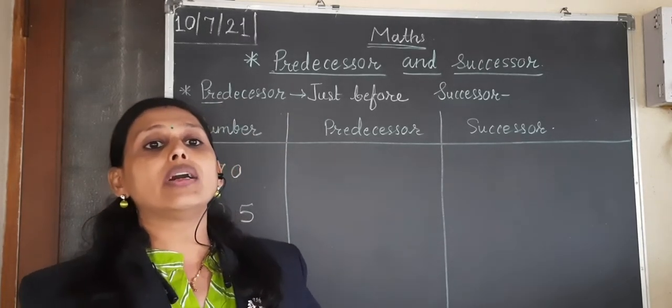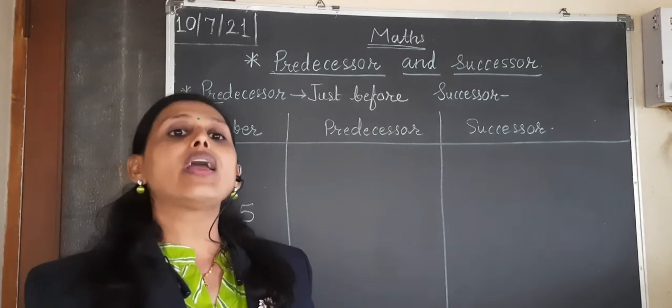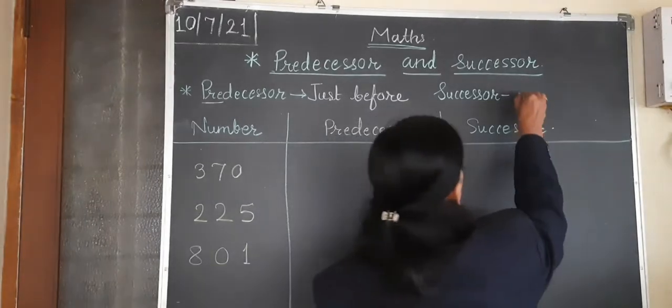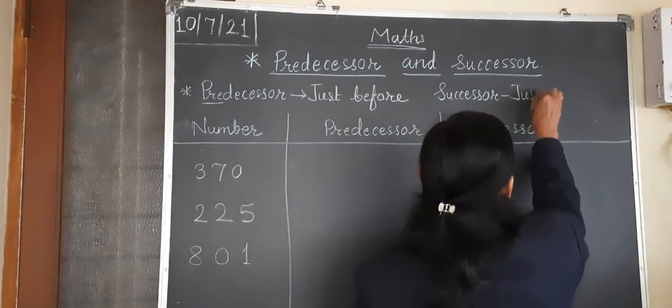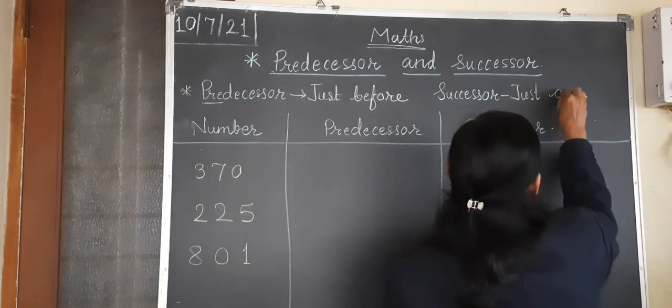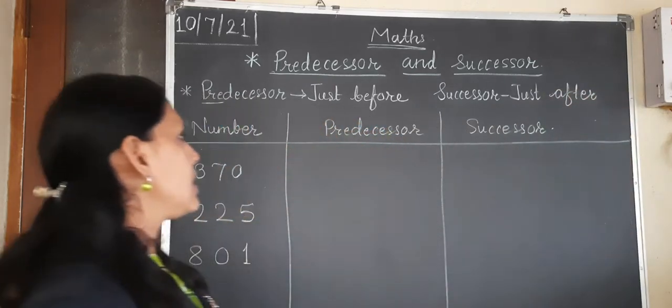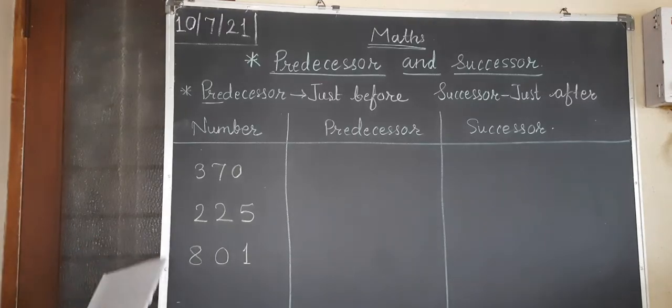Means one number extra, one jump extra you have taken. So successor means just after number.